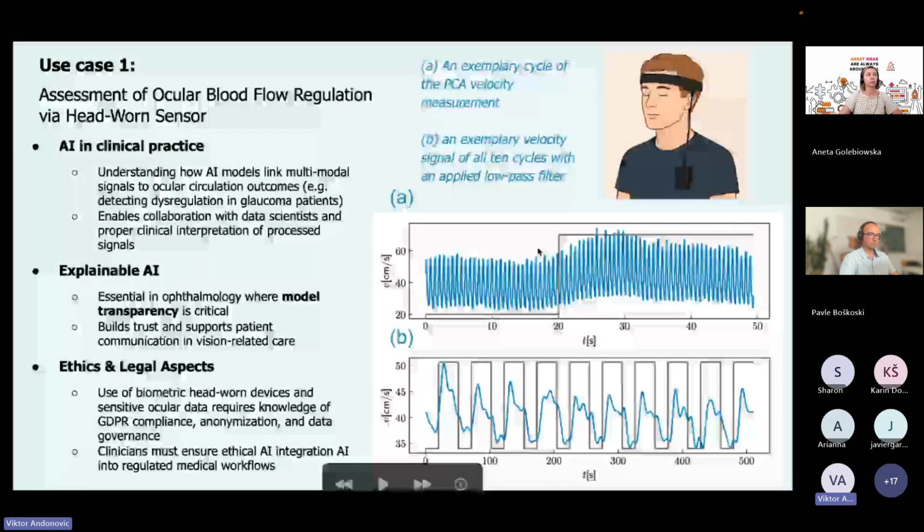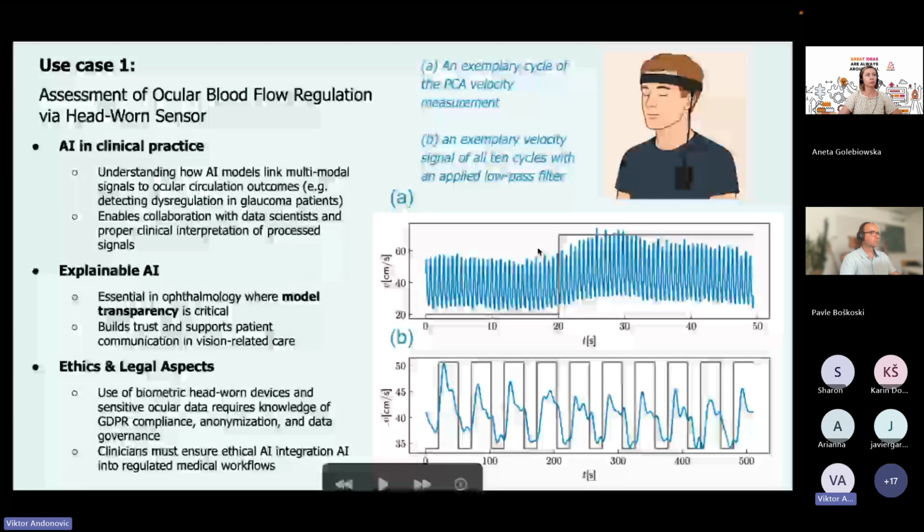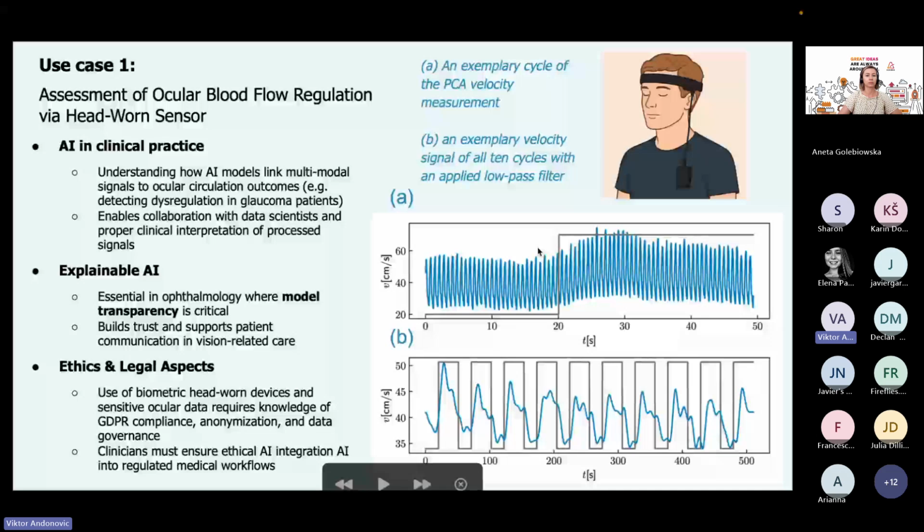Now the idea of the AI competences here, which medicine professionals have to know, is to get the necessary competences in order to be able to interact with such systems. So when these systems are put into practice, the medicine professionals need to clearly explain why the model made a decision. For example, if there's a flag for dysfunction, we have to clearly explain why the model made such decisions.